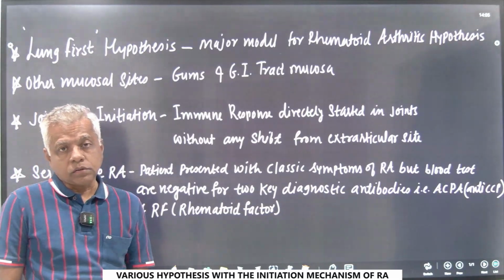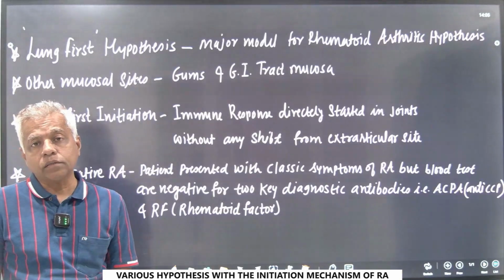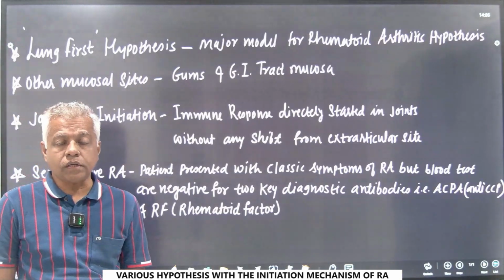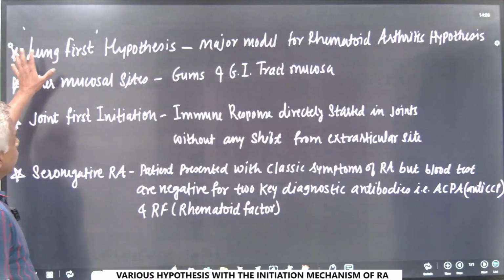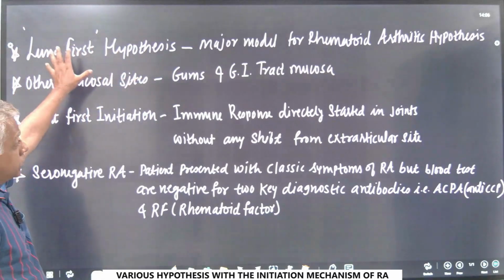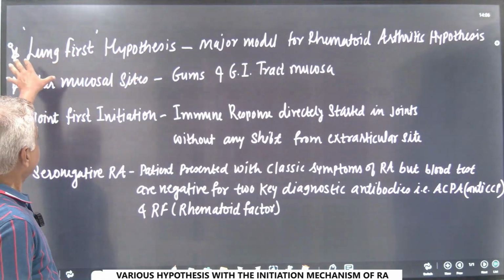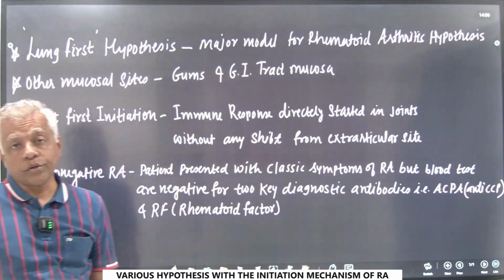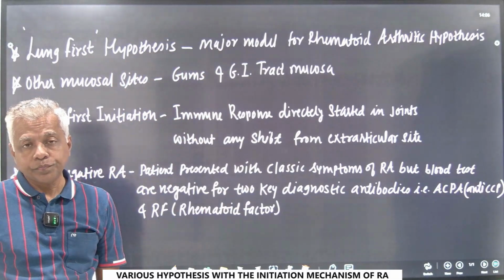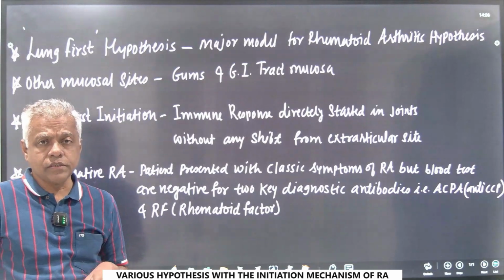Now this model, that the disease is started in the lung basically. So see here, lung first hypothesis, this model we have followed. So the lung first hypothesis is a major model for rheumatoid arthritis. Now why are we discussing this?